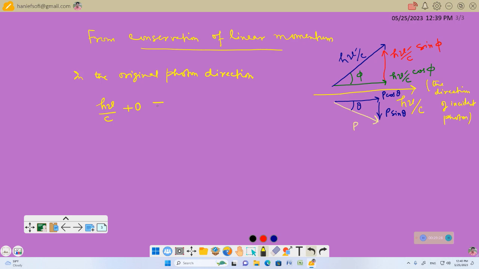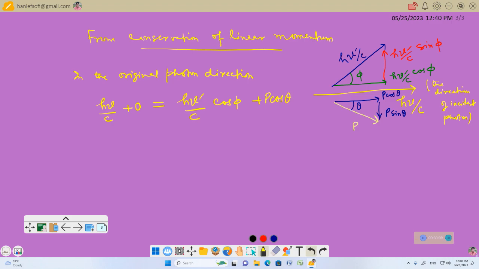Then it must be equal to the momentum of the system in the same direction. Now the momentum of the scattered photon in the incident direction is h nu prime by c cos phi, and the momentum of the electron in the incident direction after scattering is p cos theta.